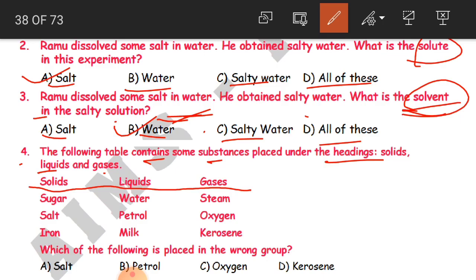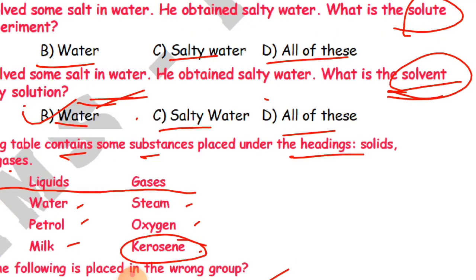So solids are sugar, salt, iron. That is correct. Liquids are water, petrol, milk. This is also correct. Gases are steam, oxygen, kerosene. No, this kerosene is wrong, so D is the correct answer. Kerosene is a liquid. Clear?